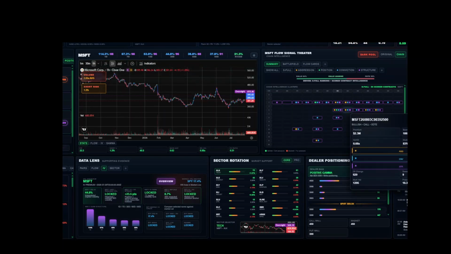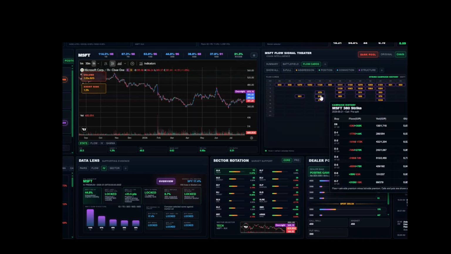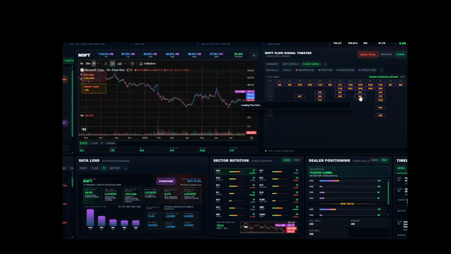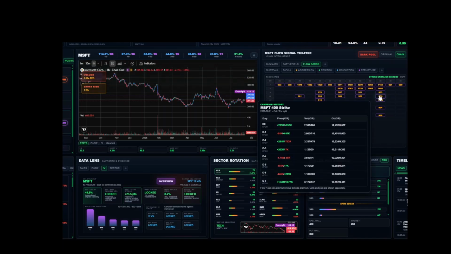Let's take a quick look at some of the accumulative contracts positions we have here. Today we're mainly going to go through the 30-day, or rather the 23 DTE option chain, and look at the flow cards, at the activities happening in the options market. Let's take a quick glimpse at some of the key strikes.